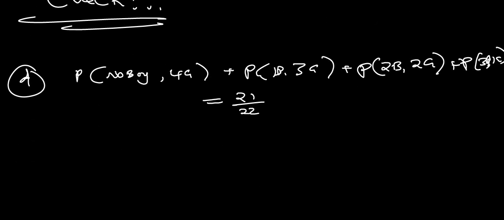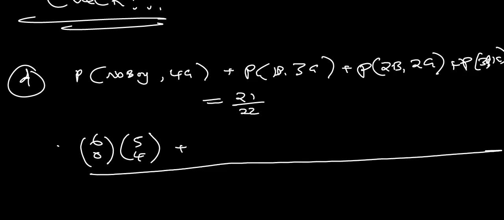So here means no boy at all, meaning they're all girls, right? So it's going to be what? All girls, so meaning it's going to be 6 choose 0, 5 choose 4. Then since the common denominator is going to be 11 choose 4, we can just add everything together at the same time, then put 11 choose 4 at the bottom.